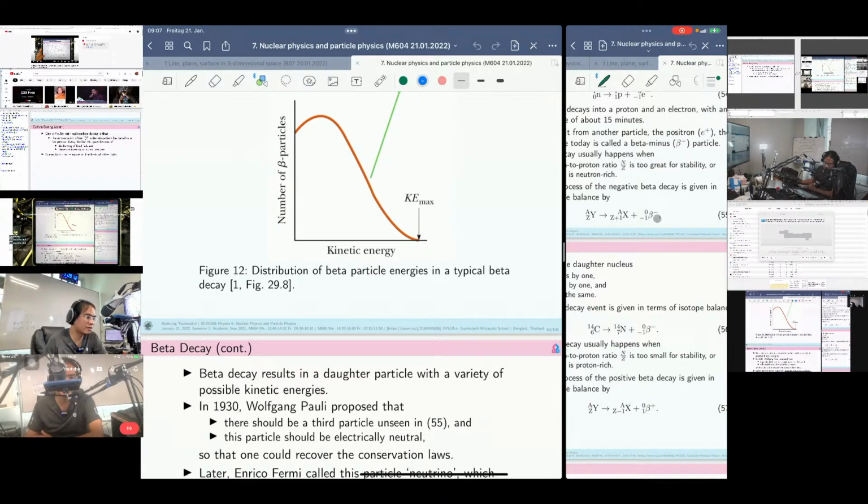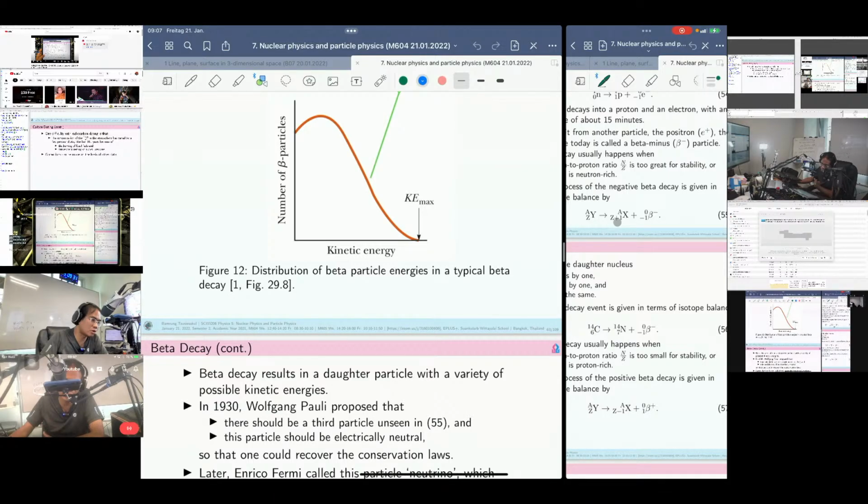This particle should be electrically neutral because we have already seen the balance of the charge between the left side and the right side. Okay, proton is created and electron is created, so they cancel each other in terms of electric charge.